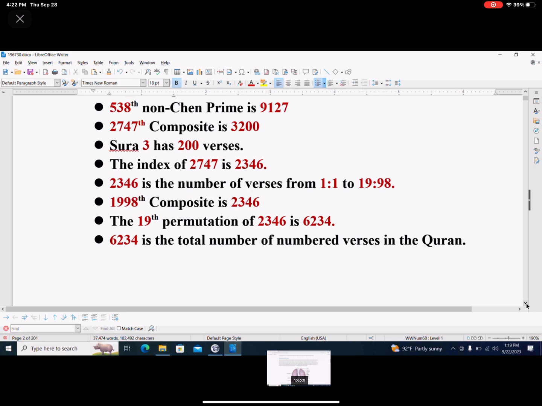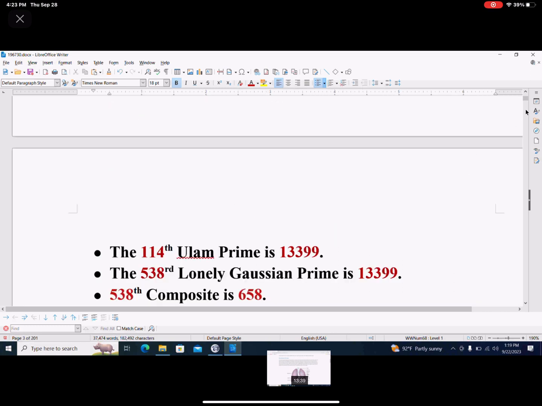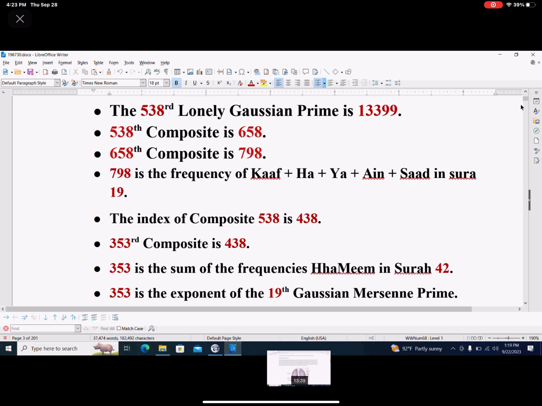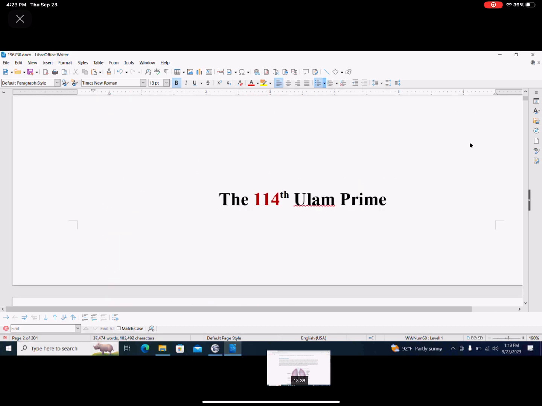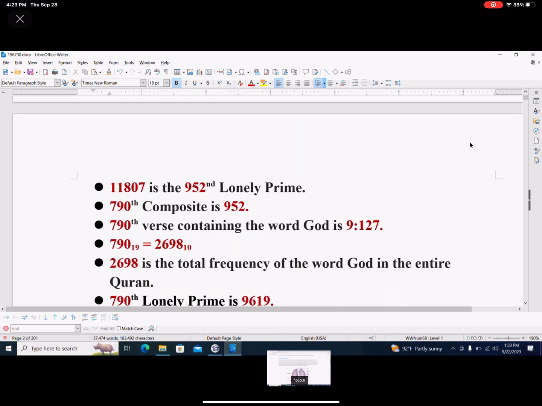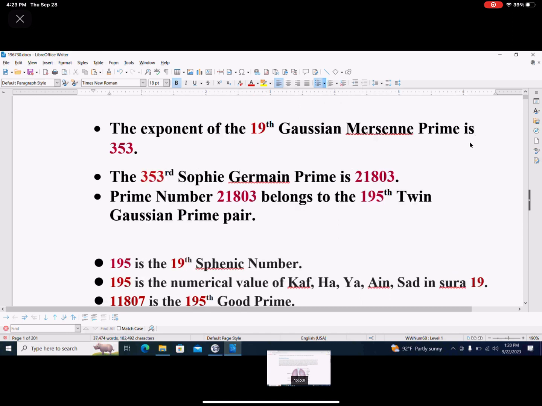So, I'm going to stop here for this, because what I'm going to say next week is, well, this goes another branch, right? This idea of this number that we just talked about today. 21803, okay?